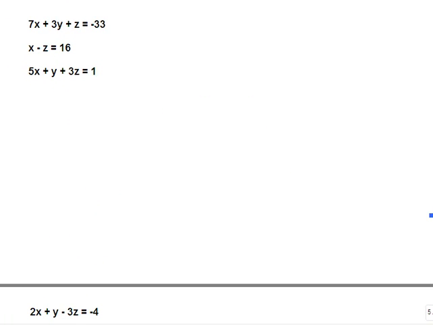Okay, on the next example here, if you look closely at your system, you'll notice that the middle equation has only two variables in it, x minus z equals 16. So let's take the help where we can get it and immediately use that second equation as one of our 2 by 2 systems.